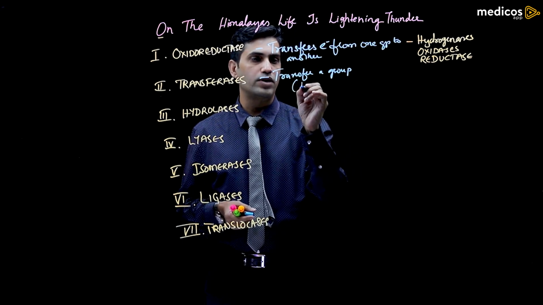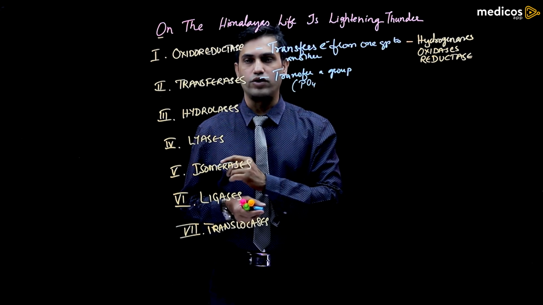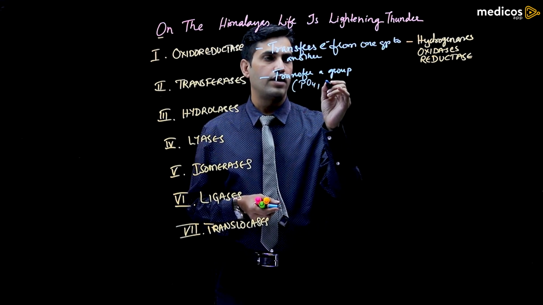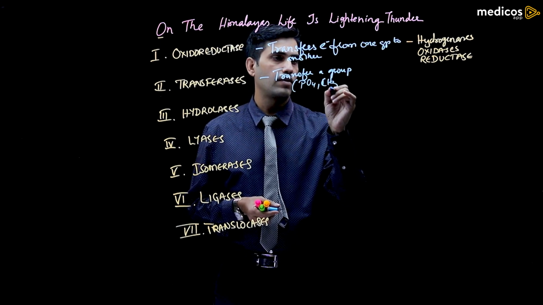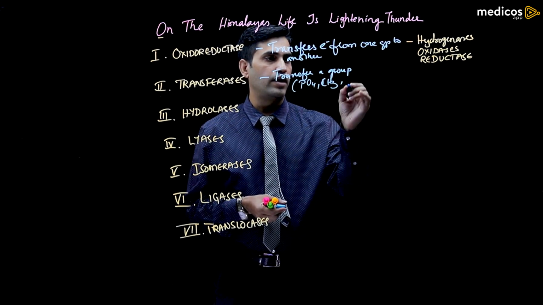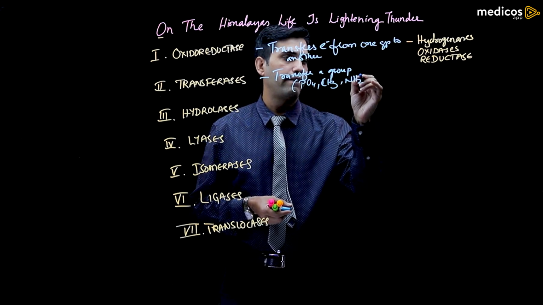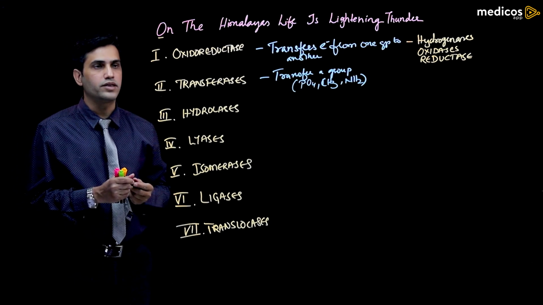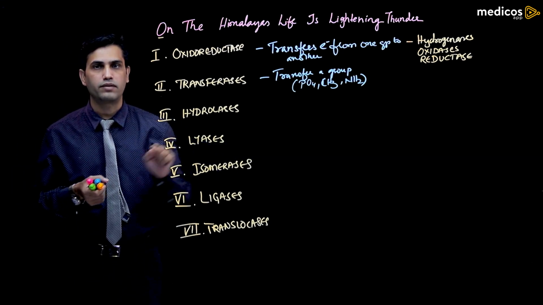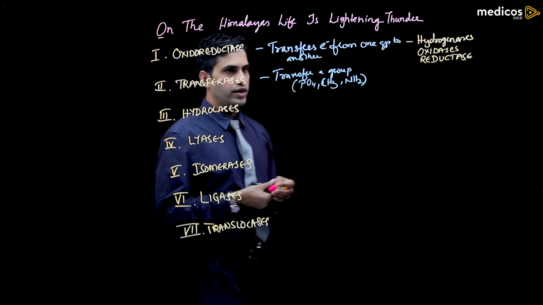That group is mostly a phosphate, methyl, and an amino group. A phosphate group, methyl group and an amino group. They just transfer from here to there. Okay. So what are they?